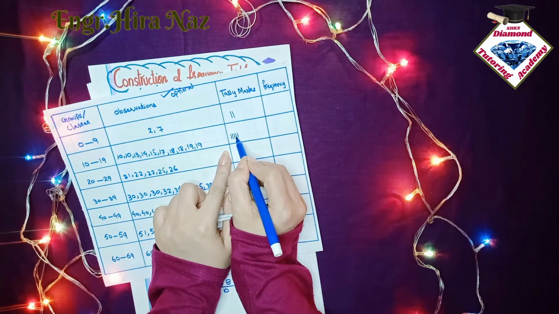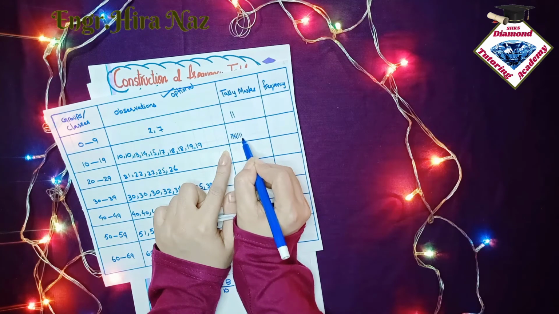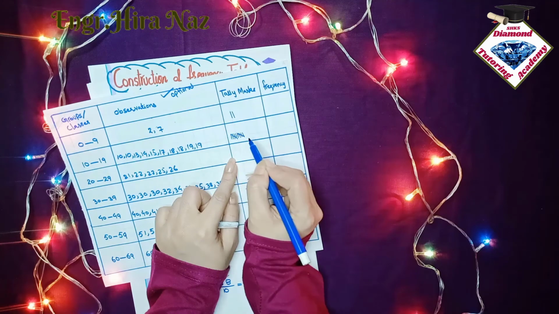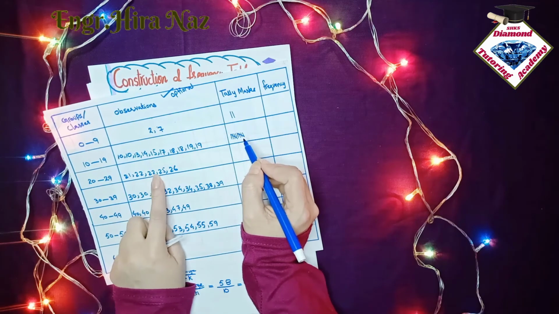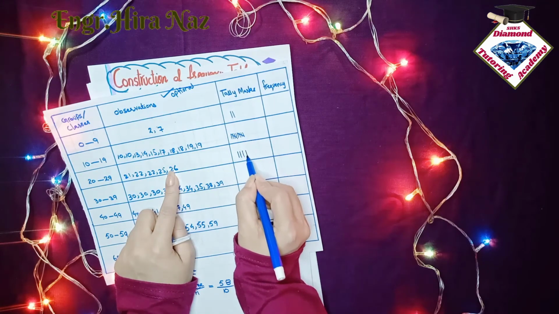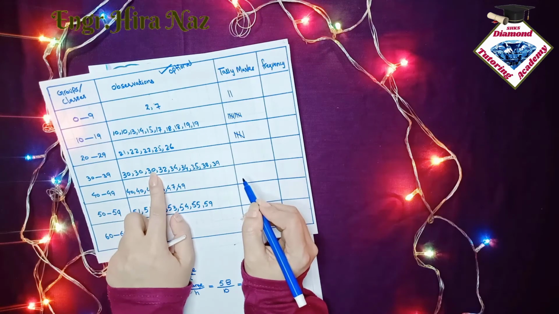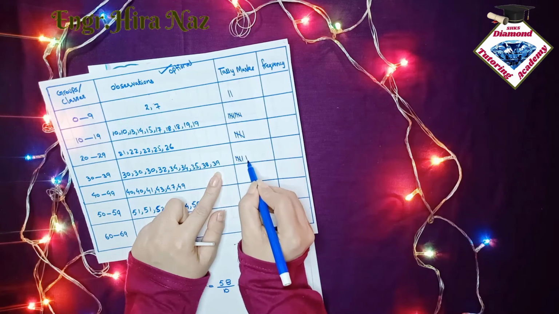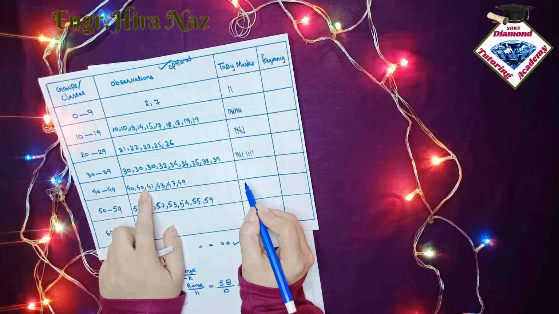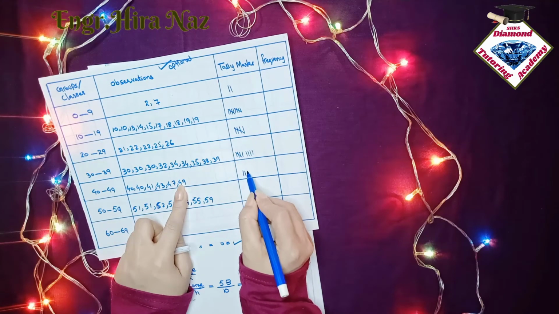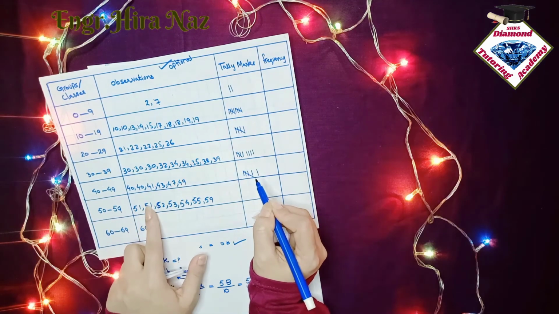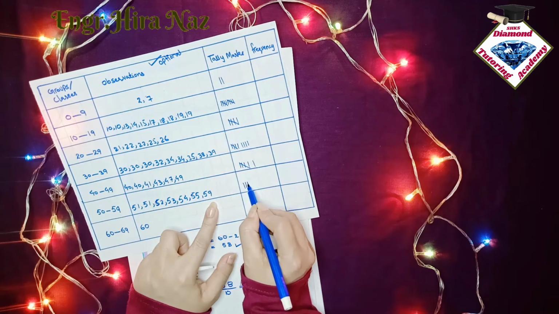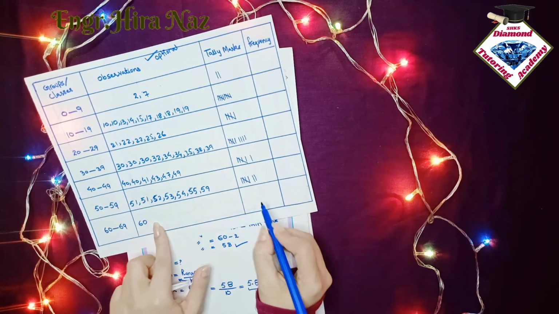Then 1, 2, 3, 4, 5, 6, 7, 8, 9, and so on for each group. And the last group has only one value.